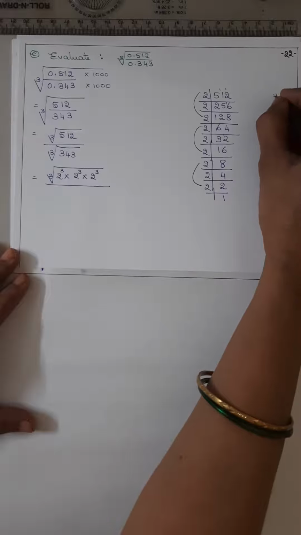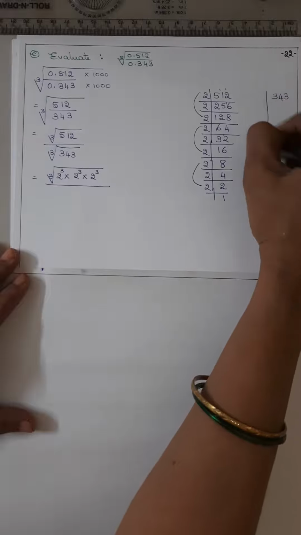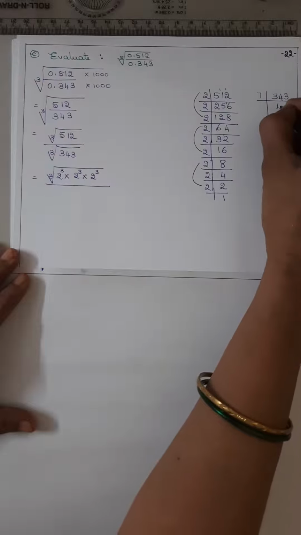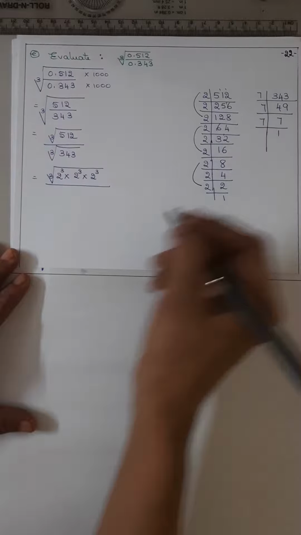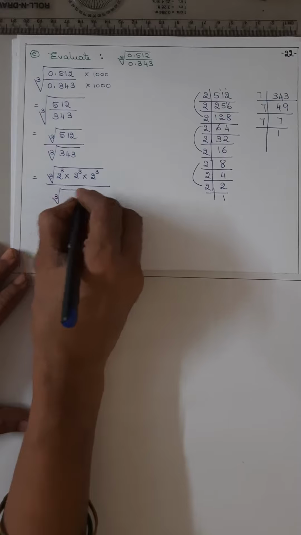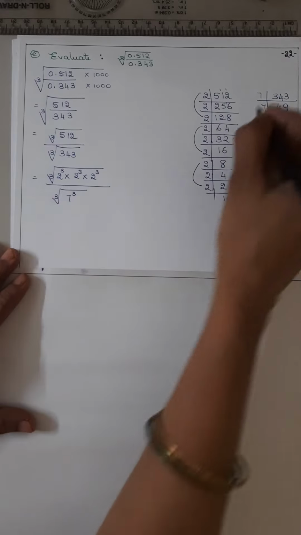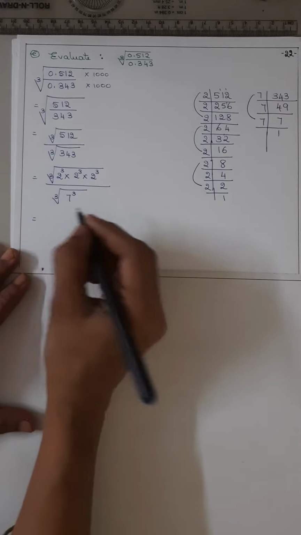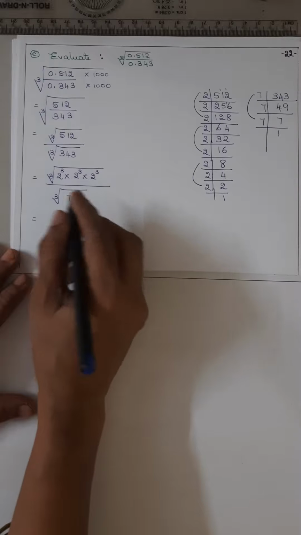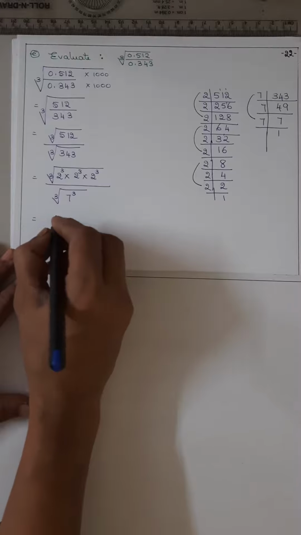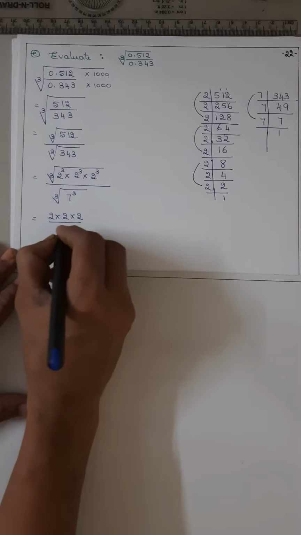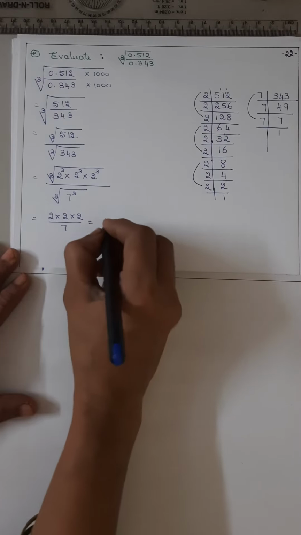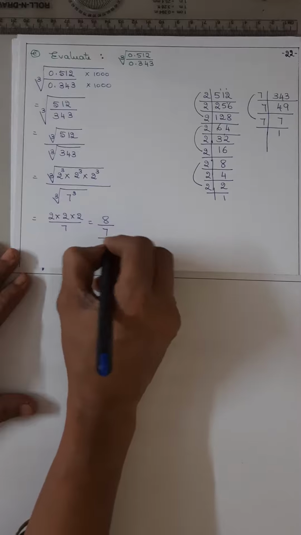Now 343: 7 49s are 343, 7 7s are 49, 7 1s are 7. Cube root of 7 cube. That means cube root and cube cancel, 2 into 2 into 2 by 7. 2 cubed is 8, so 8 by 7.